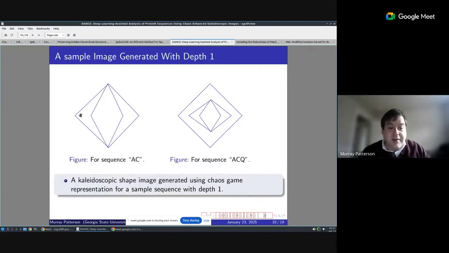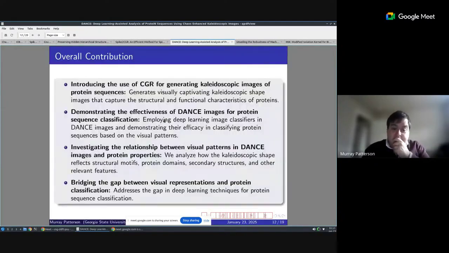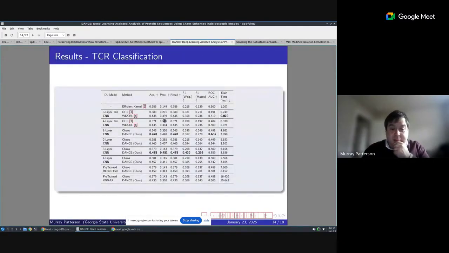So if I had A, C, this would represent A, this would represent C. If then I had a Q, it's building this inside. And then again we apply some CNN downstream on these images for classification. Again, the input is really just the embedding and the labels, and the deep learning method is learning the label from the embedding.